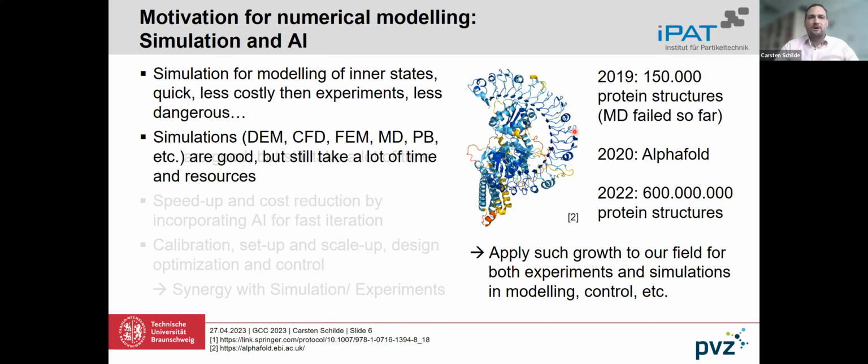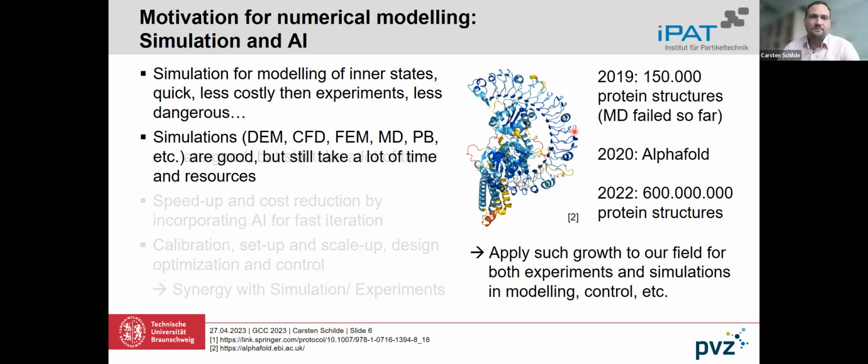If we are thinking about molecular structures, for example, we have the simulation of protein structures, which has a certain evolution during the last years, but the structures are getting larger and larger. It was a little bit plotted in the last diagram here a few seconds before. And in the past, until 2019, they were able to simulate 150,000 molecular or protein structures.